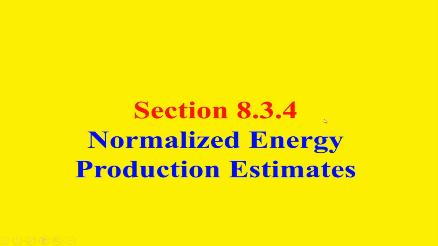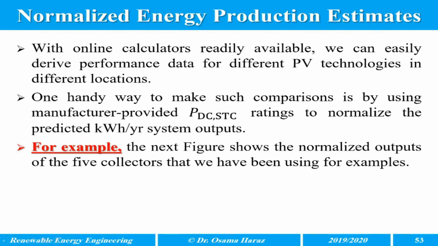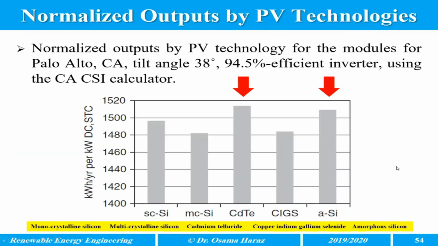In the last section we'll talk about the normalized energy production estimate. With the online calculators readily available, we can easily derive performance data for different PV technologies in different locations. One handy way to make such comparisons is by using the manufacturer provided DC STC rating to normalize the predicted kilowatt hour per year system output. For example, the next figure shows the normalized output for 5 collectors that we have been using for examples.